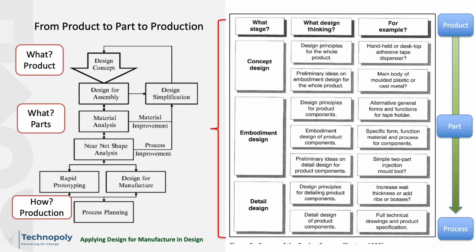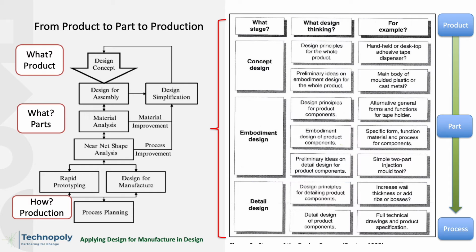Finally, on the detailed design, we now look at how we would actually produce these parts. So how thick the process, how thick the parts are, how many ribs would there be, in terms of the cutter, what would be the specific production specifications that you need to have so that your product now can be manufactured.